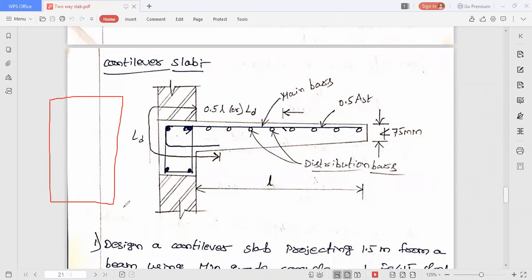Let us assume this is the plan of the slab, and this is the edge where it is fixed, okay, and this is the edge where it is completely free. That means these two are also free.